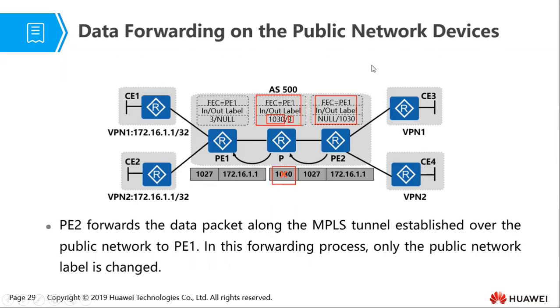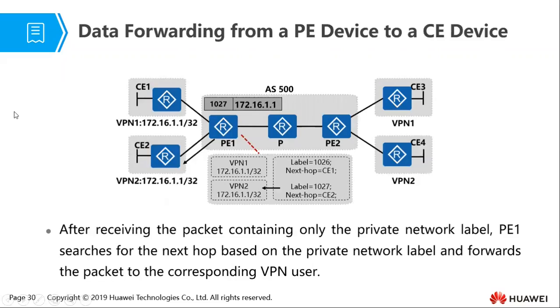When PE1 receives it, let's see what will happen. So it just has the inner MPLS label and the destination address there. So you can see now from the PE device to the CE, this one has received this packet with this IP address. So how does it know whether to send it to this guy or to this guy?